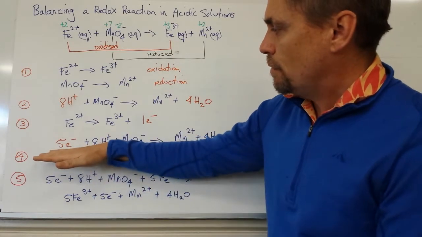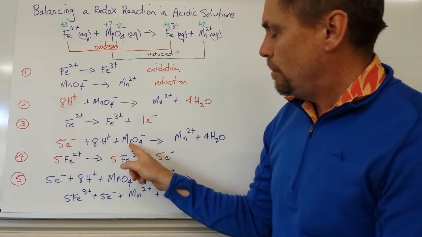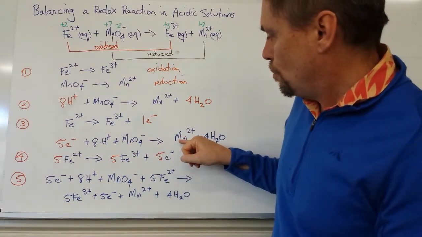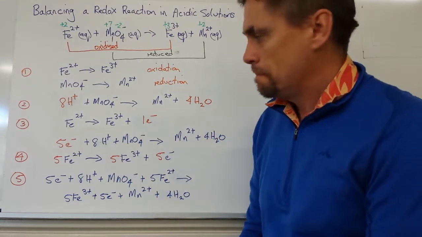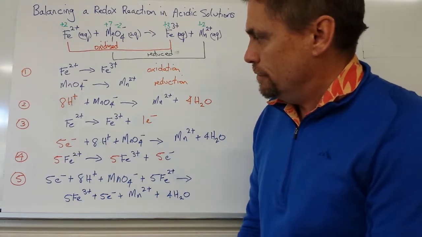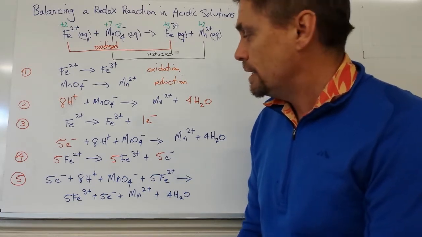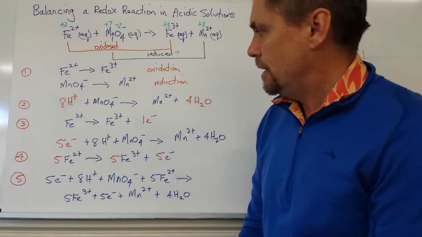So our equation here is 5 electrons plus 8 hydrogen ions plus 1 permanganate ion now gives us 1 manganese 2+ ion plus 4 lots of water. What we now need to do, after we've got our 2 half reactions, is to balance out the number of electrons on both sides.